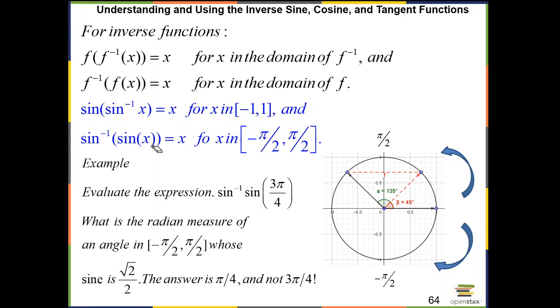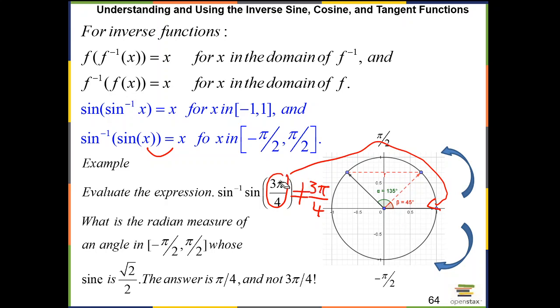Now what about this one? This one is only true if x is in the restricted domain of sine. If it's not in the restricted domain of sine, this doesn't work. I've given you an example here where the answer is not 3 pi over 4. Why? Because 3 pi over 4 is not in this region. It's supposed to be here. If it's here, the answer is just whatever it is.